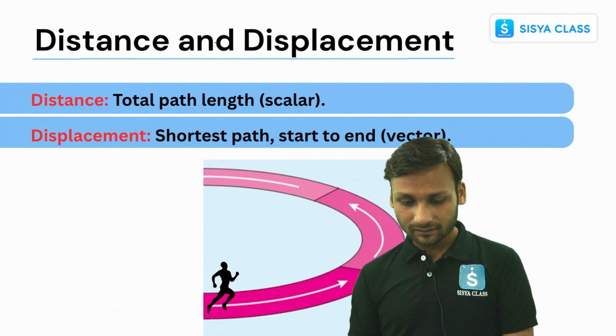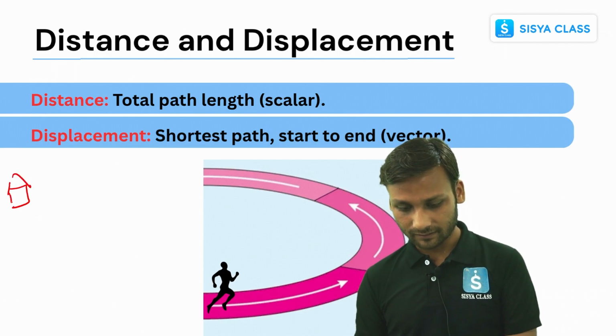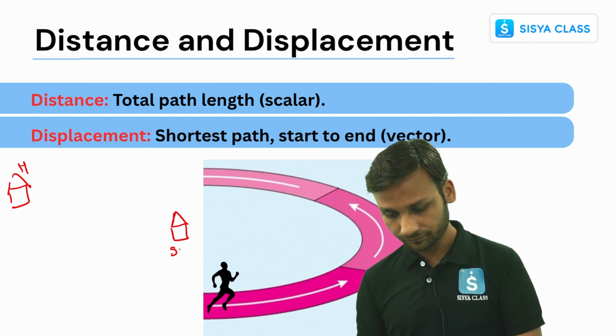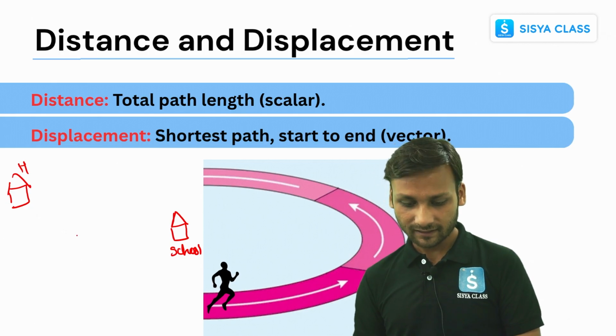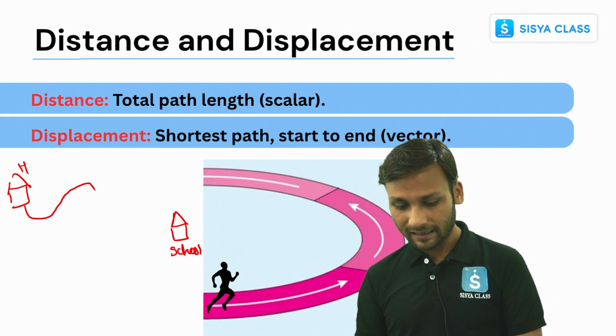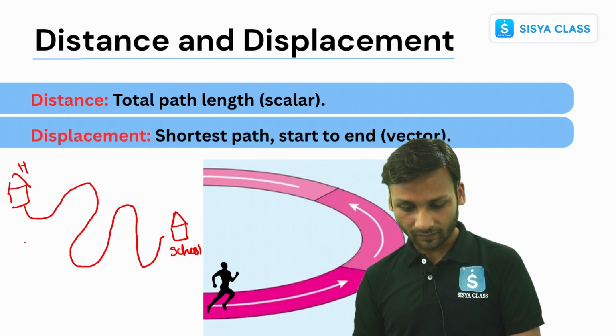For example, there is your home, like this. This is your home. Right? And somewhere here is your school. Right? And the road which is connecting your home to your school has some turns, right? Obviously, the road has turns. We know that, right?